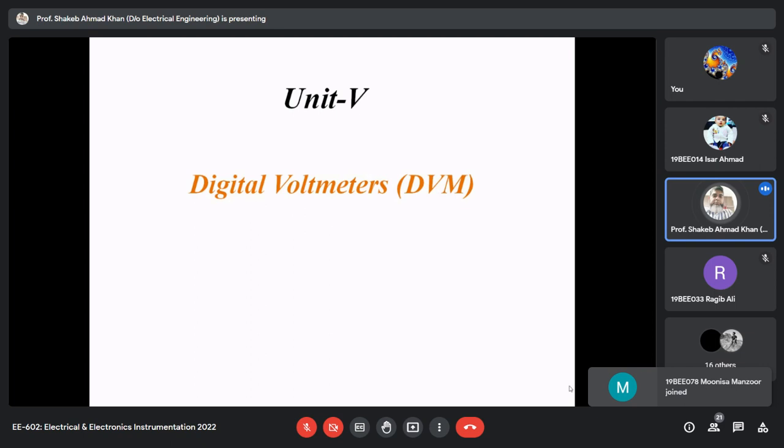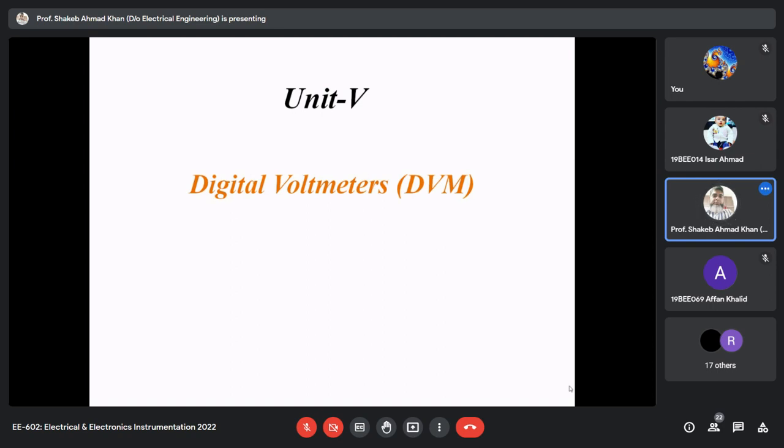It is not the other kind of digital instruments where we are required to convert the analog signal into the digital signal, and then digital numbers are calibrated. Here the DVM digital voltmeters have their own technology, and we'll discuss it today.